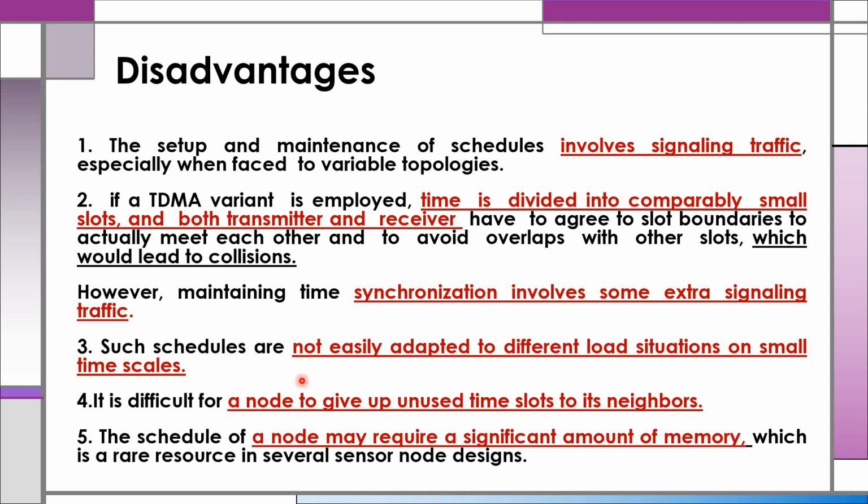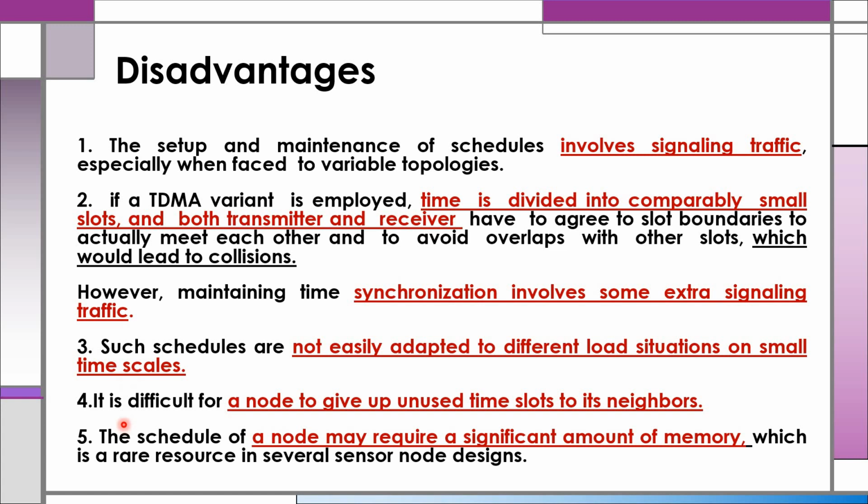Such schedules are not easily adapted to a different load situation on small time slots. Based on the load availability, the time slot period is not varied. Here we are allotting equal time slots instead of measuring the load or data availability in that particular node.